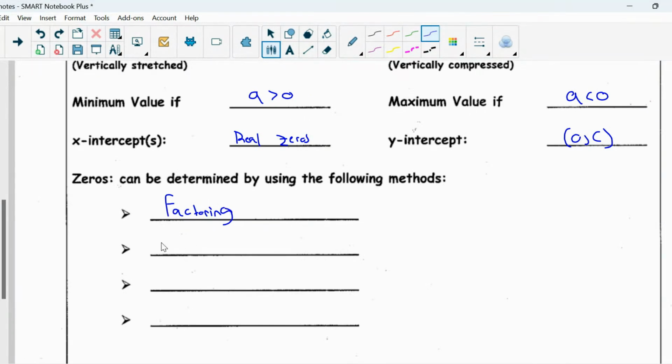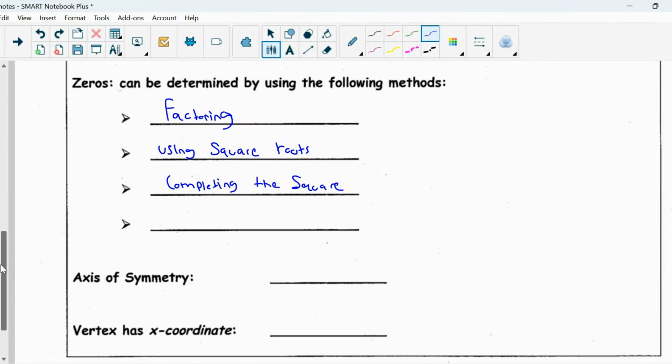You can also solve by using square roots, completing the square, or the quadratic formula.